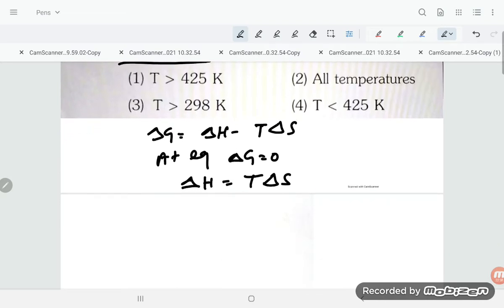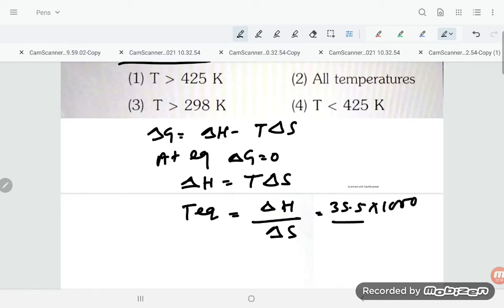So T at equilibrium will be delta H upon delta S. Delta H is how much they have given? 35.5 into 1000, and delta S is 83.6 in joule. So it will come in Kelvin.